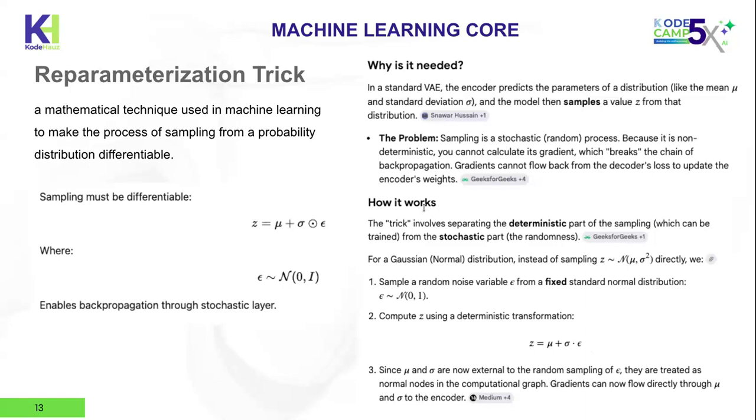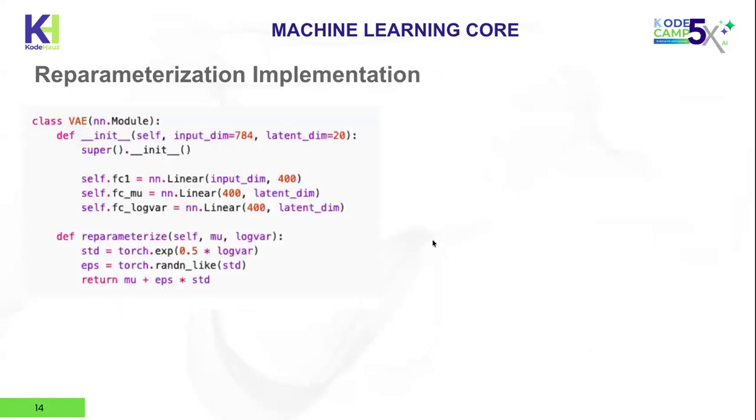So anyway, that's a trick. It's a bit difficult to explain. But that's a trick used for variational autoencoders to allow them to learn so that you can apply back propagation, apply gradients.